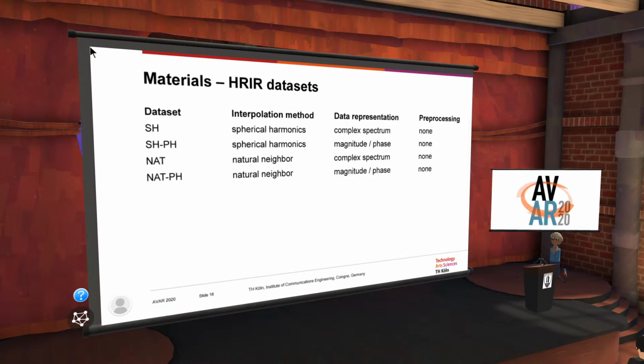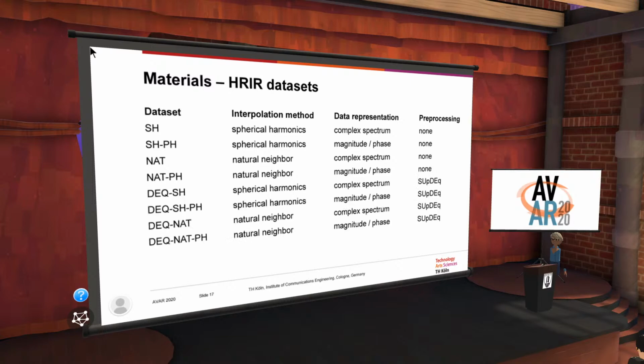So we created test data sets for these 4 spatial grids with some combinations. So Spherical-Harmonics or natural neighbor-based interpolation methods, indicated by the abbreviations SH or NAT for natural. And the data representation, either on the complex spectrum or separated for magnitude and phase, and magnitude phase indicated by PH.